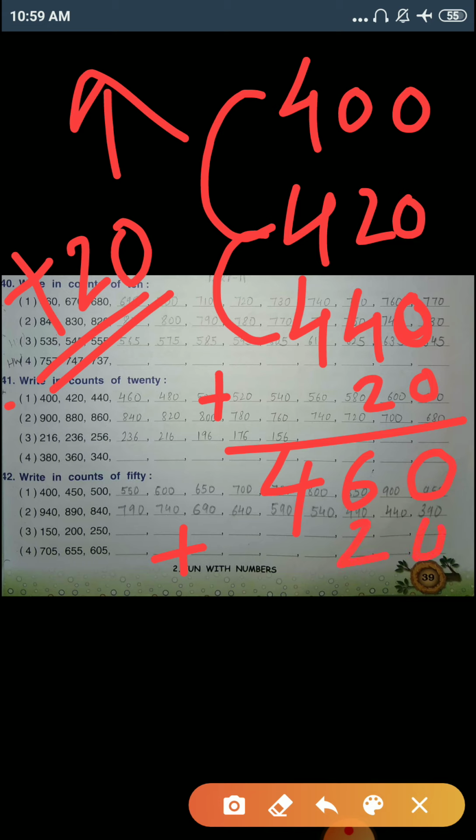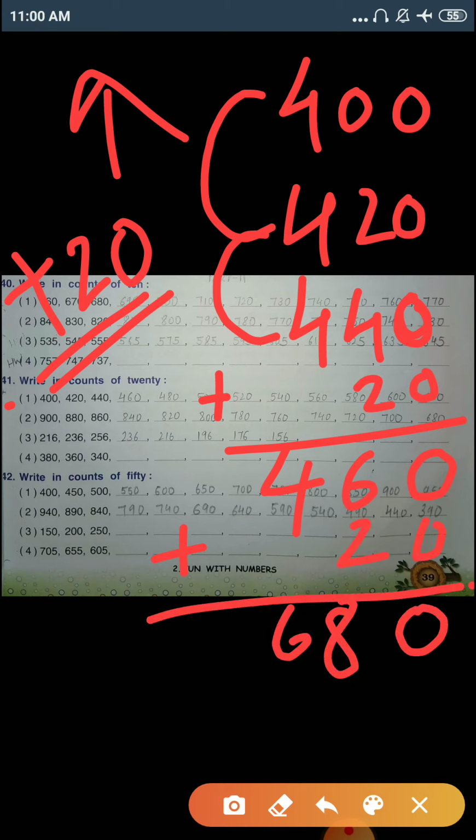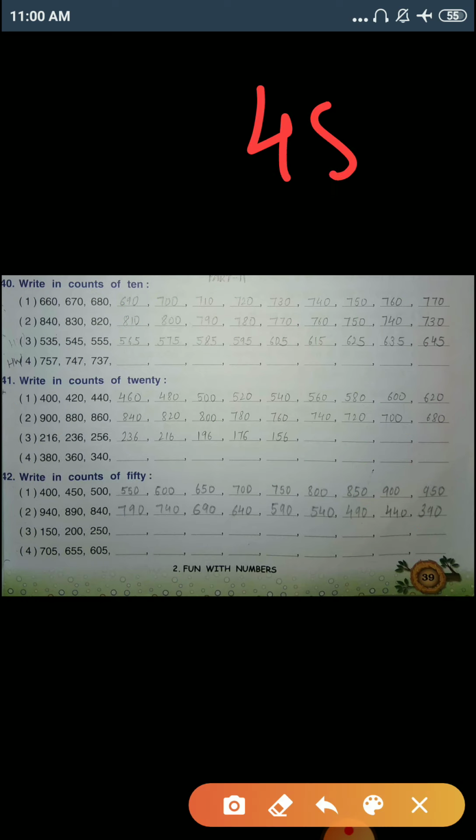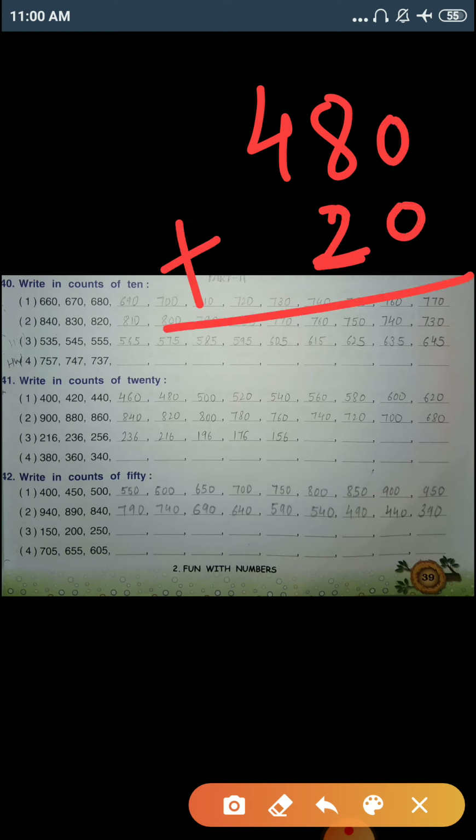Again add 20: 0, 8, 6, 480. Okay, so for finding out the next number in question number 1, we are going to add 20. Again 480 plus 20. 0 plus 0, 0. 8 plus 2, 10. 4 plus 1, 5.